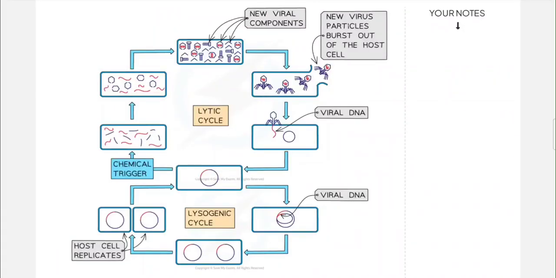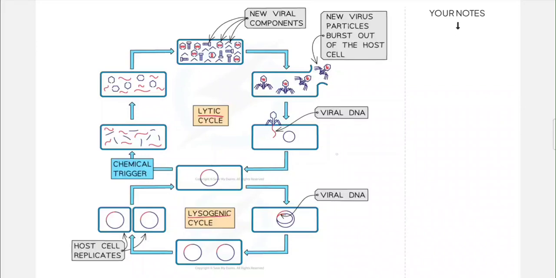Here is a final summary of what we've said in a single diagram. As you can see, we have both the lysogenic cycle and the lytic cycle. First of all, in this first step, the bacteriophage injects its DNA into the host cell.